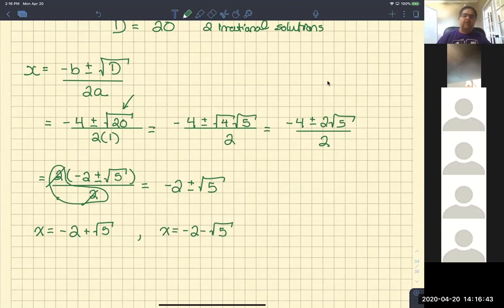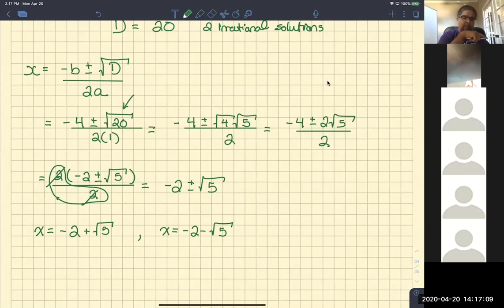And I know you're probably looking at it like, oh my God, how the heck am I going to do this? But take it a step at a time. Find the discriminant, and then use the discriminant to say, okay, what type of solutions do I expect? Do I expect no solution, 2 rational solutions, 1 rational solution, or 2 irrational solutions?